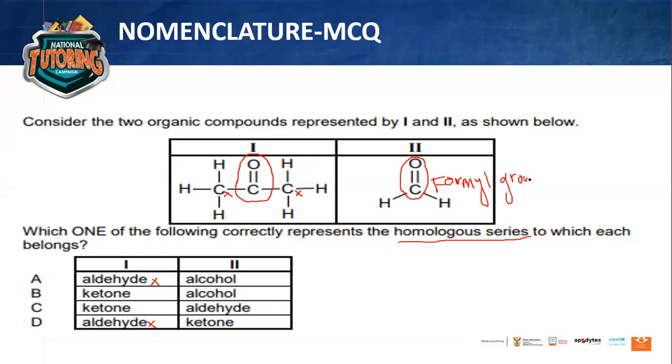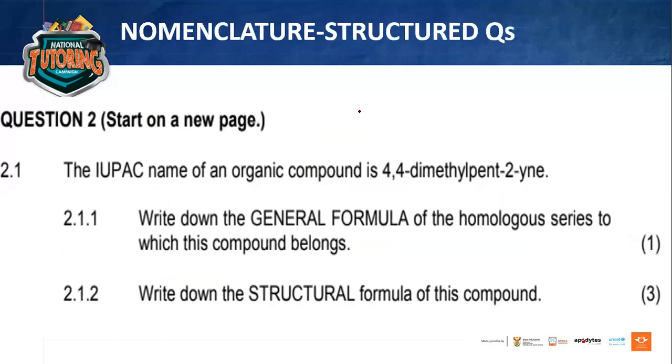That is the name of the functional group of aldehydes. So this molecule belongs to aldehydes. So I check between B and C. Ketone, yes. Aldehyde, yes. So the correct answer must be C. And B cannot be because this is not an alcohol. Can you see this is not an OH? It's not a hydroxyl group. So that is that in terms of multiple choice questions.